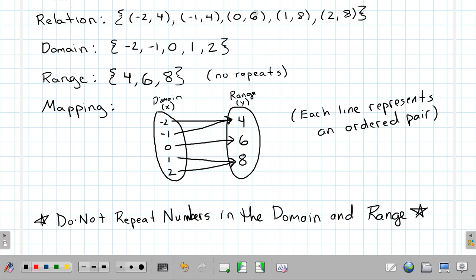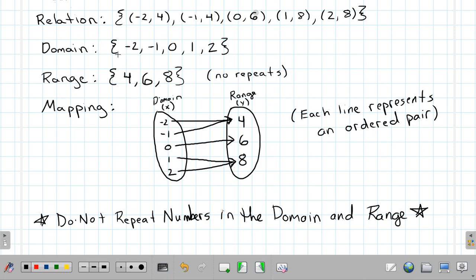Once again, it serves no purpose, and I'll go ahead and warn you in terms of any assignments, any practice, homework, anything like that. Your answers will be counted wrong if you repeat numbers in the domain and range. So just be aware of that.